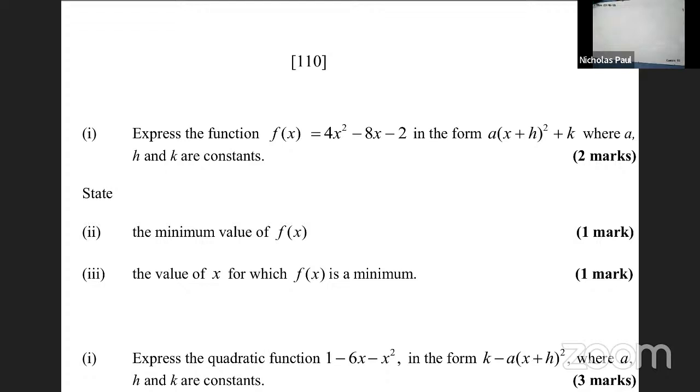The x value is the x value, take the value of x. It's minus it. Very minimum value.